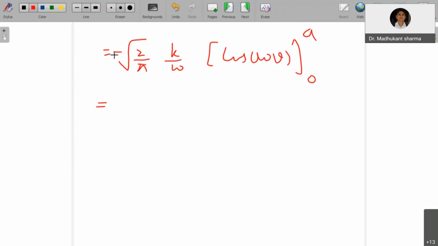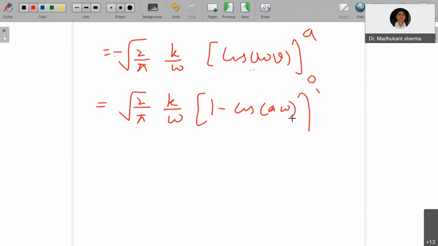Now I will incorporate this minus sign inside. You have cos aw minus cos 0, and cos 0 is 1, so 1 minus cos aw. So this is going to be square root of 2 by pi times k by w times 1 minus cos of aw. Now you can go further: 1 minus cos theta is 2 sine square theta by 2.